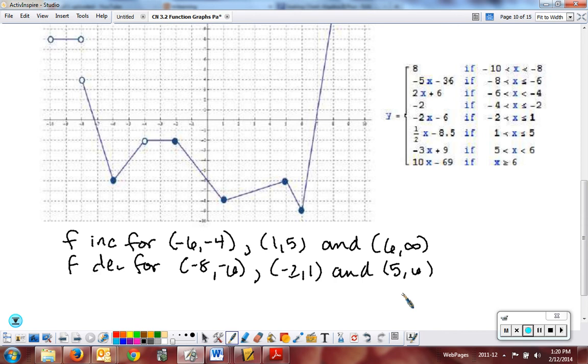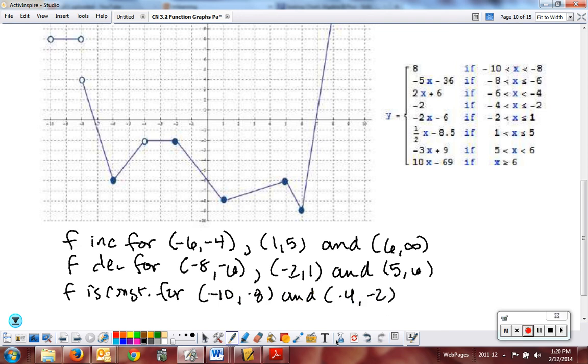And then I do have some constant sections on this, so I would say f is constant for -10 to -8, -2. And I don't have to worry about bracket parentheses stuff because I asked for open intervals for which it has this behavior.